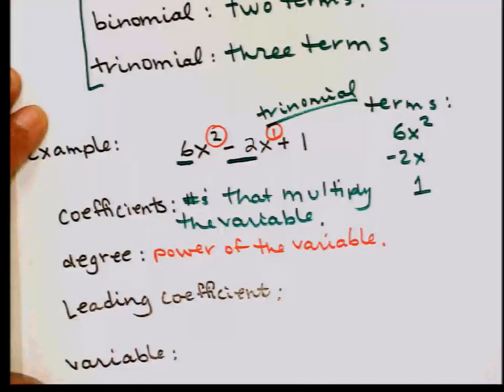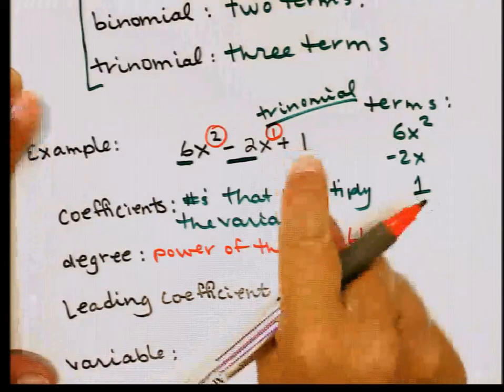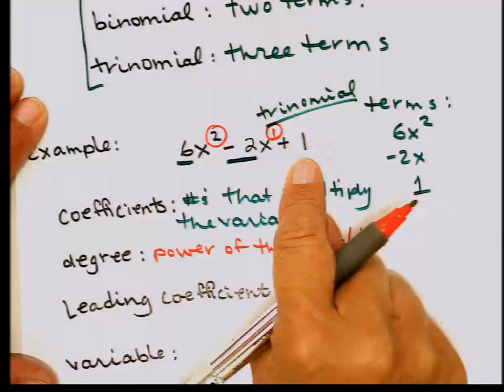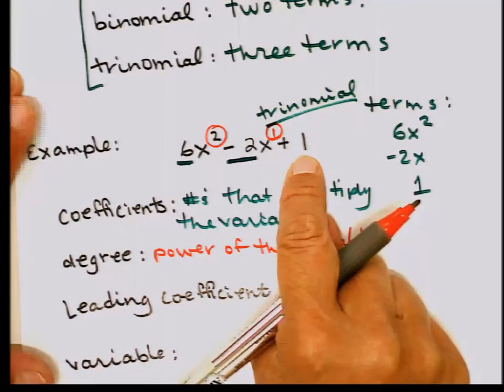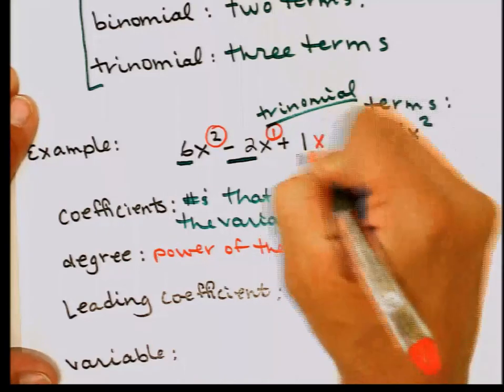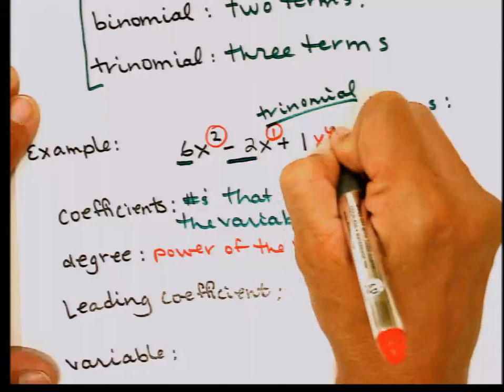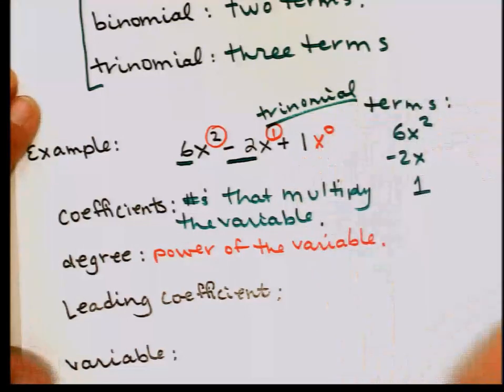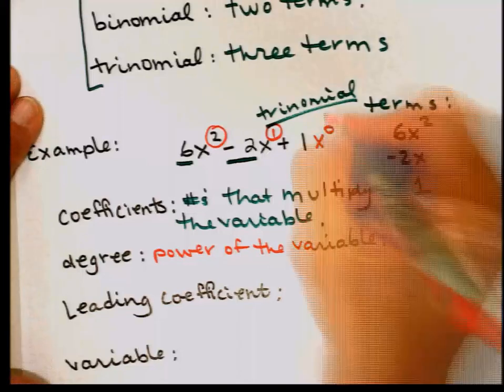And now this can be kind of tricky. We have to think way back to our exponent properties. This term 1 also has a degree, even though it doesn't have a letter. That would be the same thing as 1 times x to the 0, right, which we would never write unless I was trying to be specifically tricky.